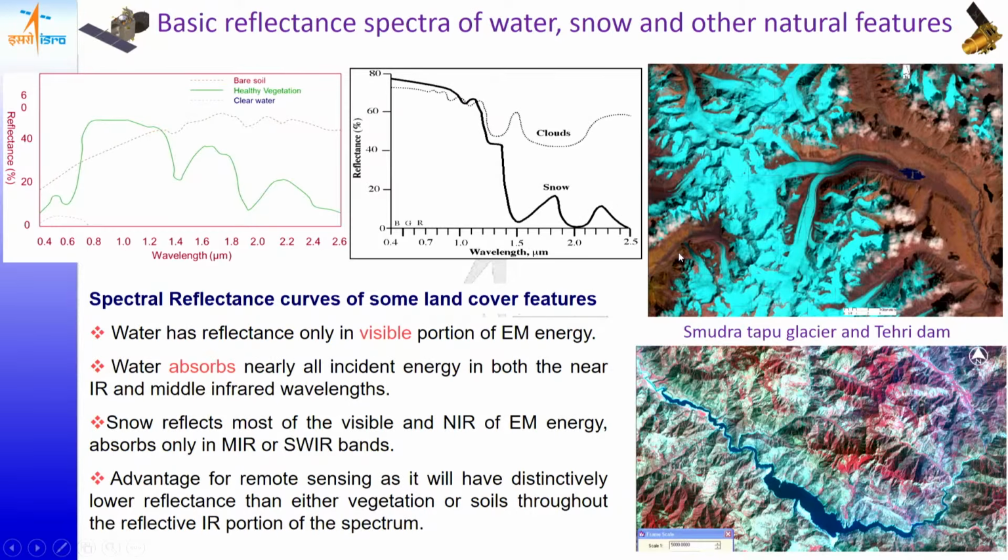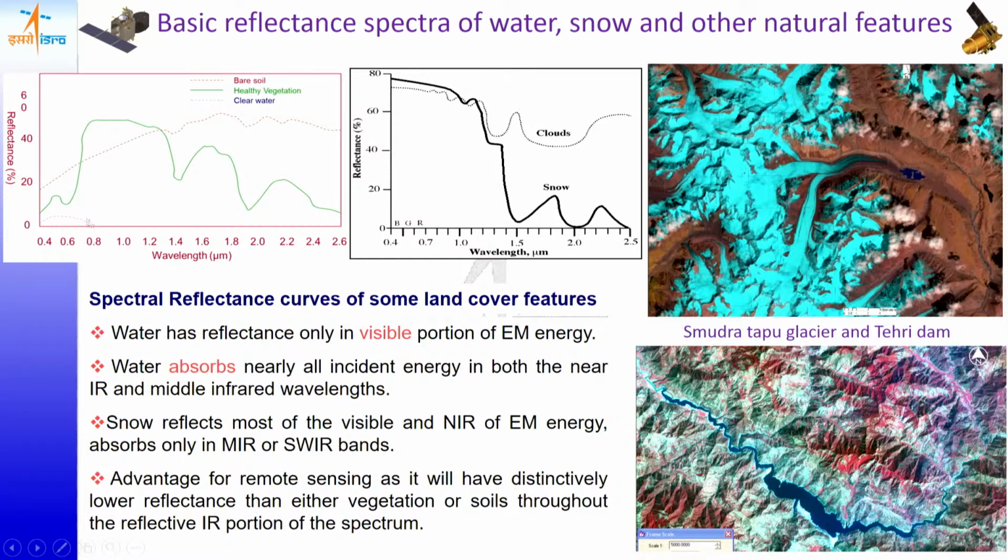Now the basics of the imaging spectra. If you see here, this is the basic spectra of water. Pure water will have a dark blue to black appearance, because in the visible domain it will reflect only up to 5, 10, or maybe 12, 13% if it is turbid water.